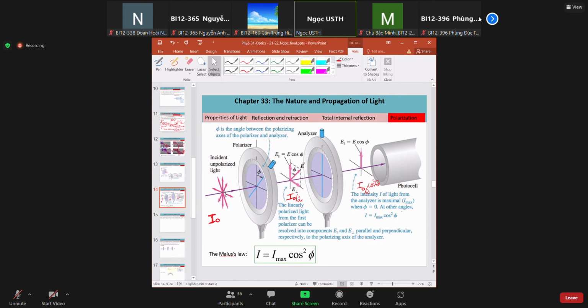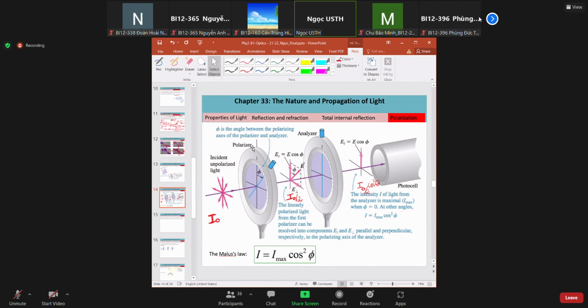Now you understand what it is, right? Here is the incident beam, and it comes to the polarizers.